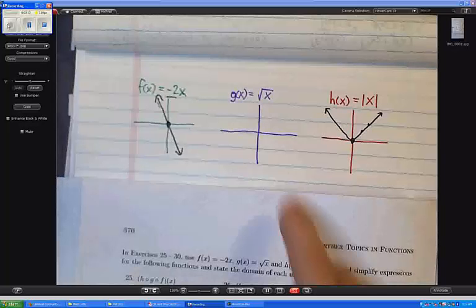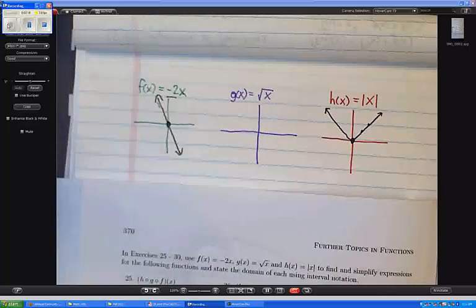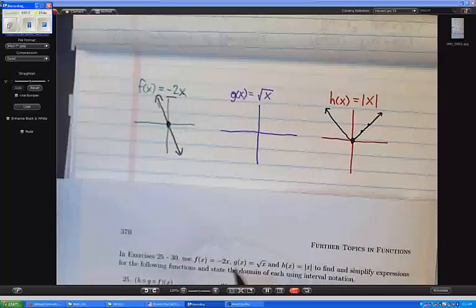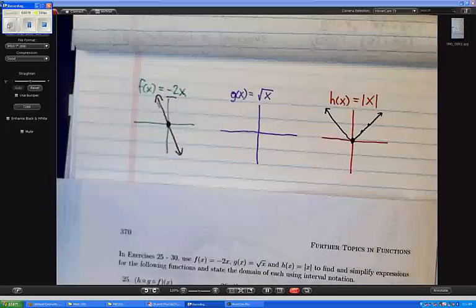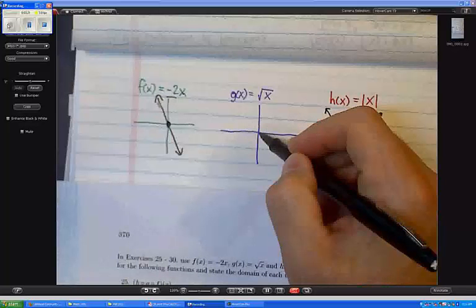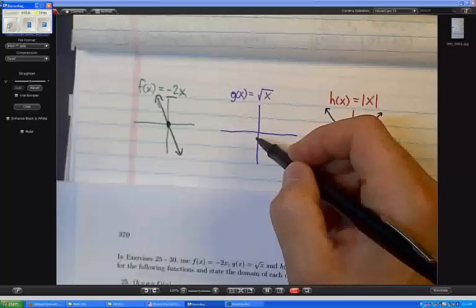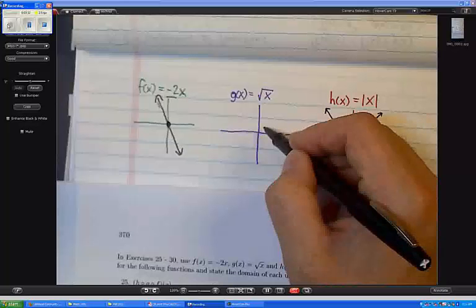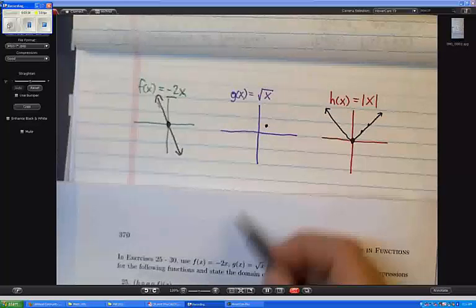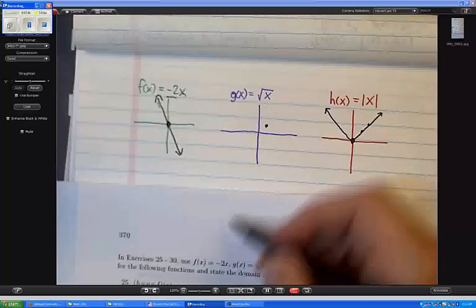Give me an input and an output. Input 1, output 1, because the square root of 1 is 1. All right, so I'll plot 1, comma 1 here. What else? 0. What's the square root of 0? All right.